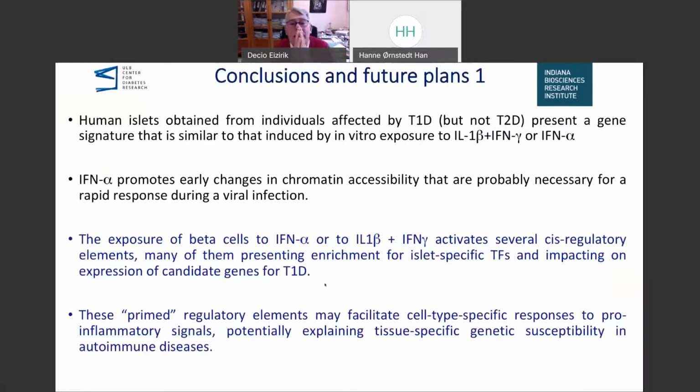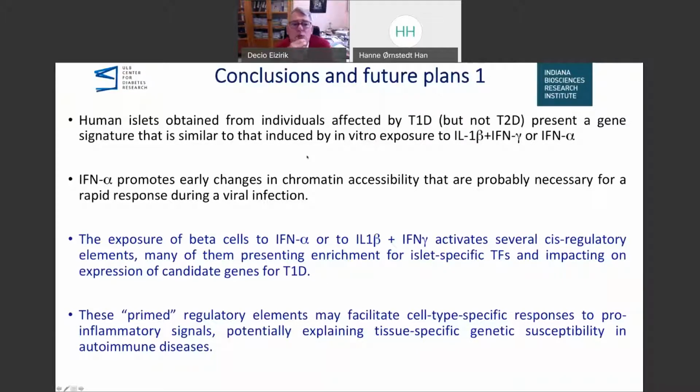So the conclusions and future plans, and all that you see in blue here are future plans as part of my visiting professorship, in collaboration with Fleming, Possio, and colleagues.